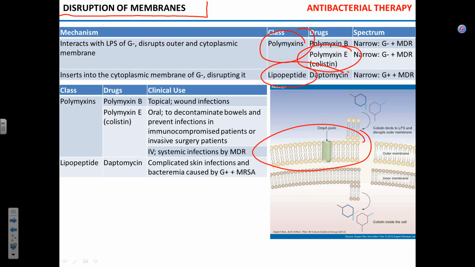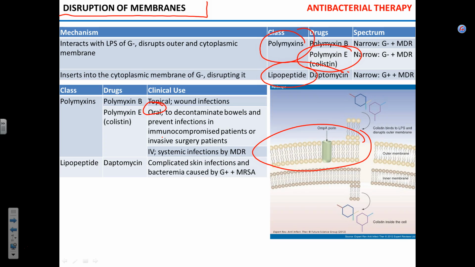Polymyxin E, or the drug called colistin, is given orally, but it's prescribed in clinical settings on very rare and unique occasions. The reason for that, obviously, is that it's so toxic. The toxicity of polymyxins and lipopeptide antibiotics is very high.